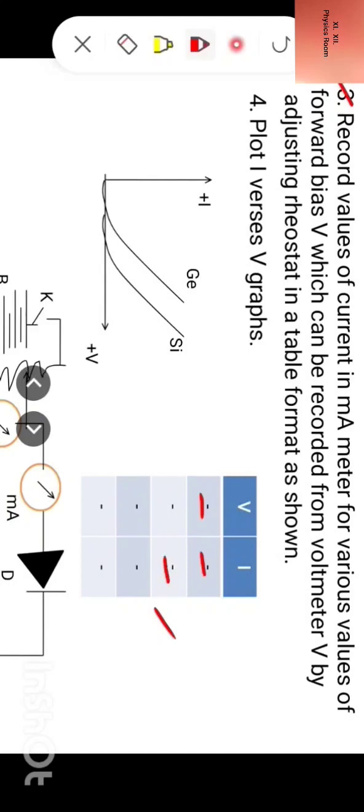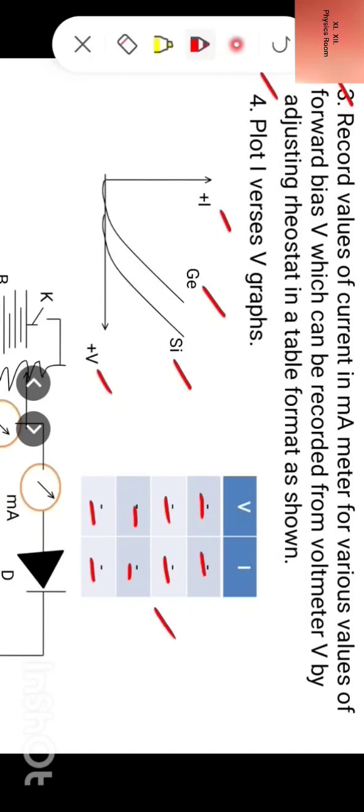So you plot these values for different forward bias like this, and in the fourth step you plot the VI graph, which would come out to be as shown. This is for germanium junction diode and this is for silicon junction diode.